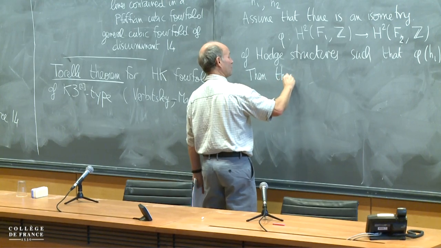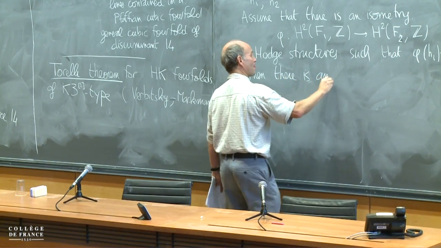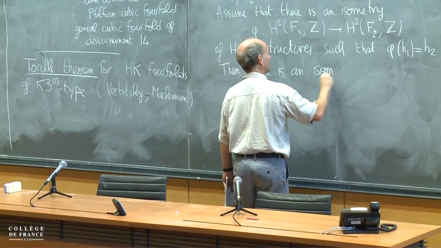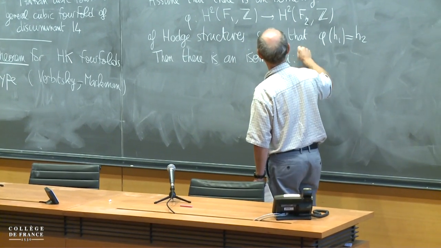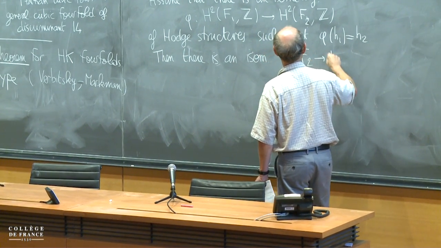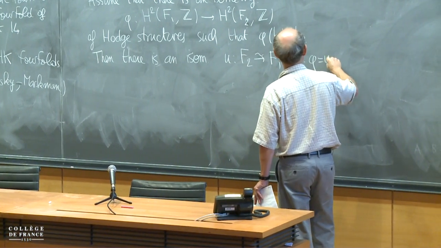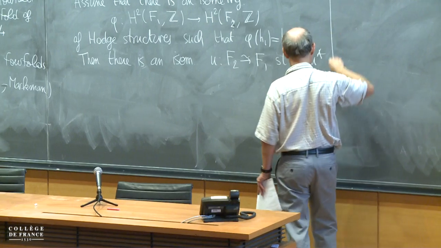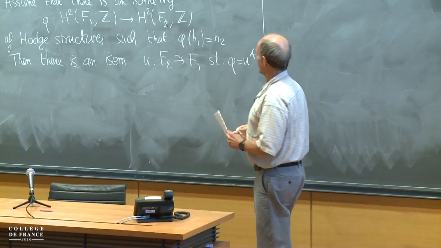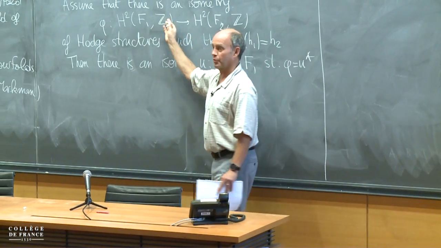then there's an isomorphism u between F2 and F1 such that phi is equal to u upper star. Okay, so this is an isomorphism of Hodge structures.